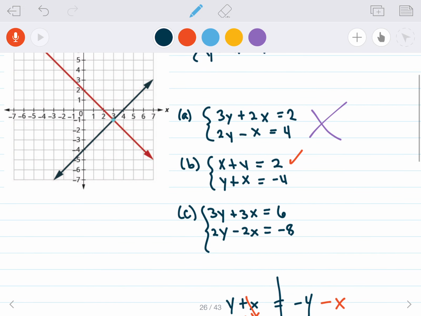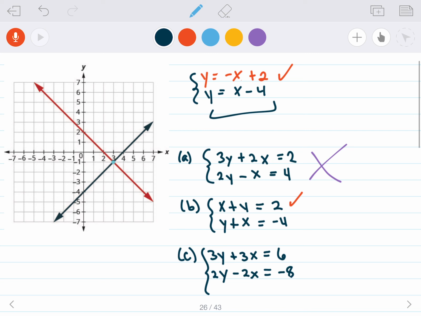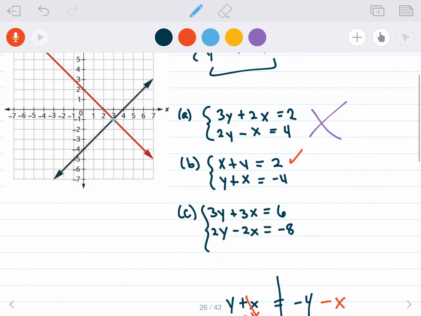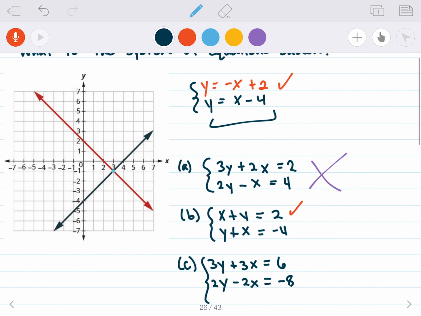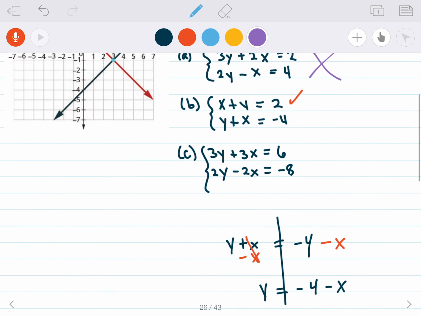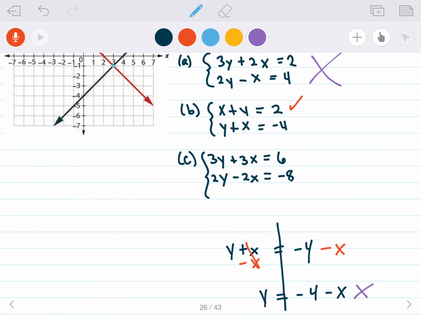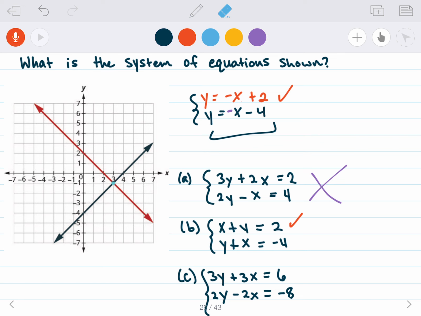Does that match this guy? Is it true that negative 4 minus x is the same thing as x minus 4? Well, no, because what's missing is the minus in front of the x. If it had a minus in front of the x, this would be correct. But since it doesn't, that's not right, and this is not our missing system. So even though the first line was correct, the second line wasn't, and therefore the whole system is not right.